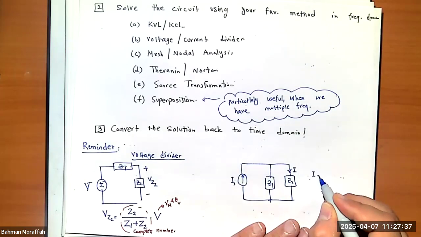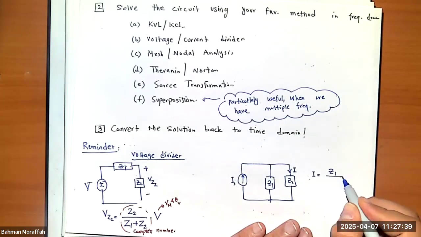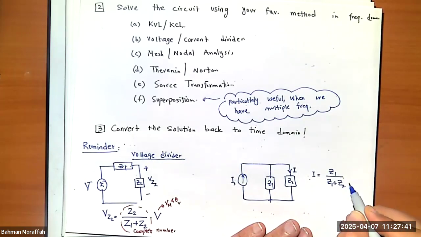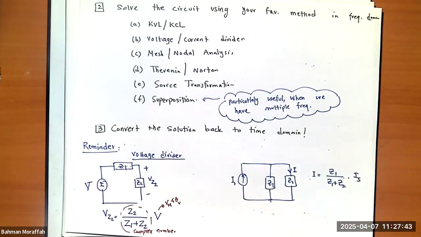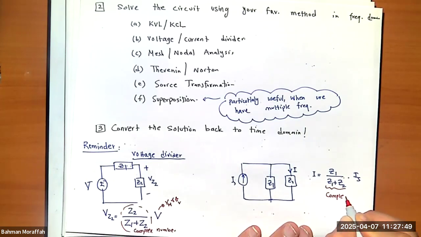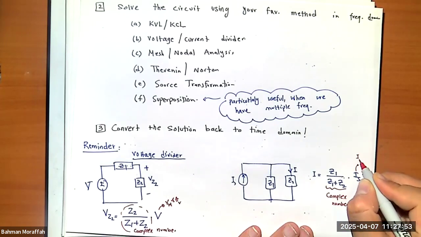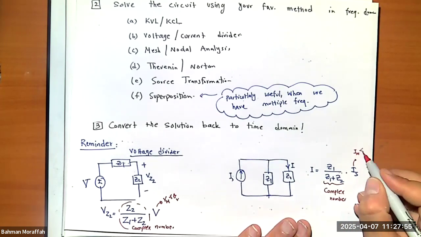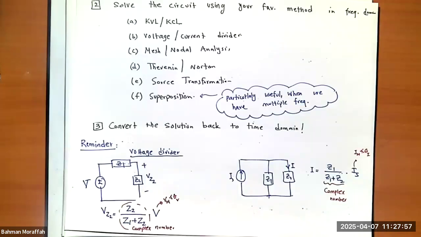So I equals Z1 divided by Z1 plus Z2 times Is. Again, as you can see, it's exactly the same as before. The only difference is that this is a complex number, and this I is some magnitude and some phase. So we're going to have to deal with complex numbers. The rest remains the same.